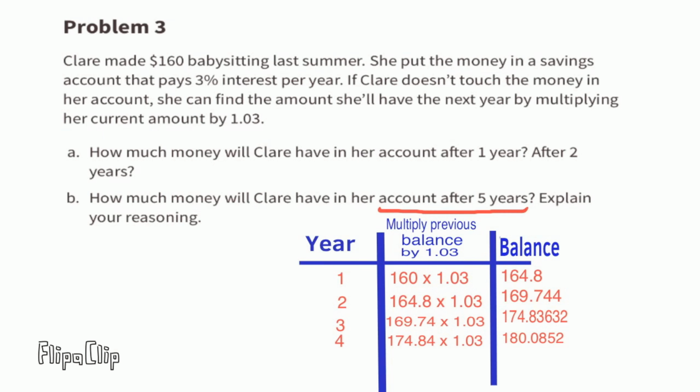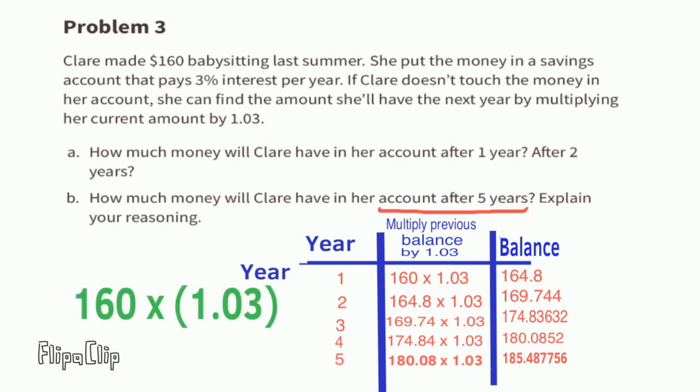Now finally, to find the balance after 5 years, we need to multiply 180.0852 times 1.03, which equals 185.487756, which is approximately $185.49.